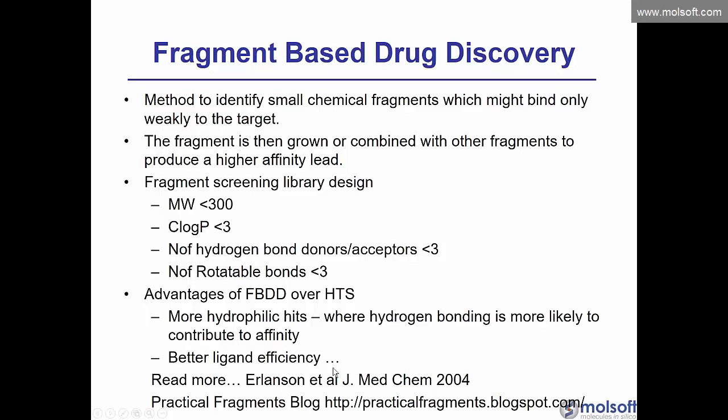And with high throughput screens with larger compounds, you may sterically block regions of the pocket and never be able to bind to that point because the compound's too big. So by using fragments you can avoid these steric issues as well. But I would suggest reading more here and here.